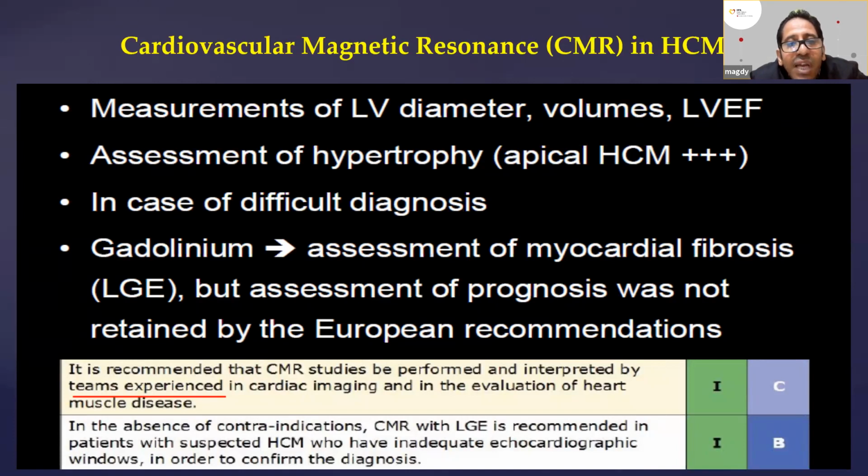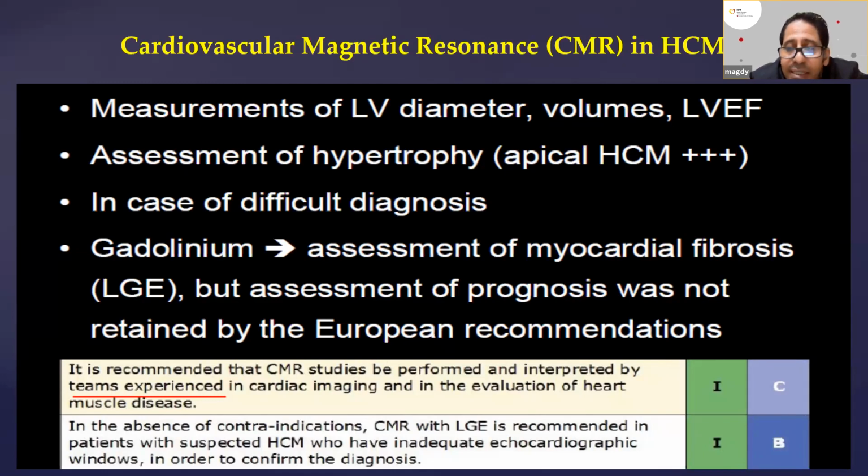And in cases of difficult diagnosis, the gadolinium allows the assessment of myocardial fibrosis, but assessment of prognosis was not retained by the European recommendation. So CMR is not only for diagnostic purposes, but also for prognostic purposes, as we'll see later, when you identify late gadolinium enhancement and myocardial fibrosis or apical aneurysm, because this indicates high risk patients for sudden death.